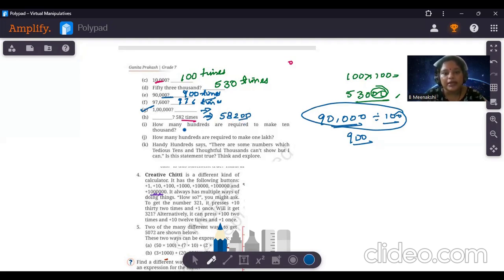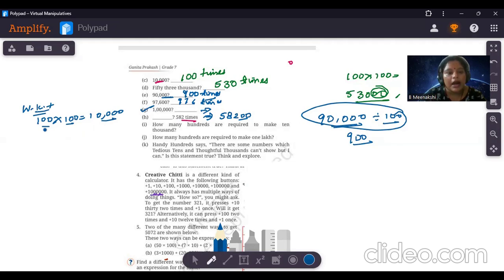Now, look at this question. How many hundreds are required to make 10,000? We know that 100 into 100 is 10,000. So 100 times 100 will give you 10,000.